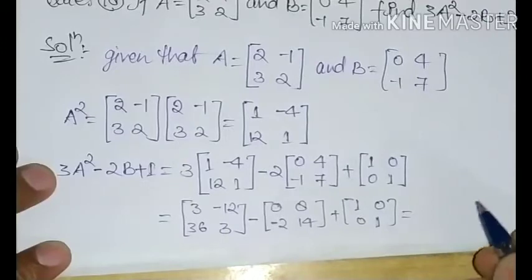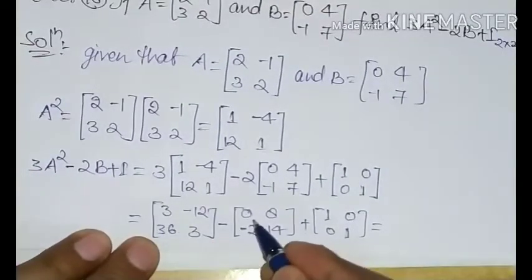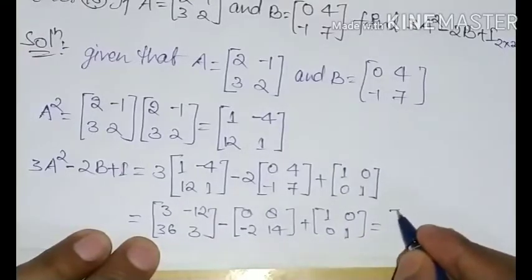It will be equal to, this is 3 minus 0 plus 1 will be 4.